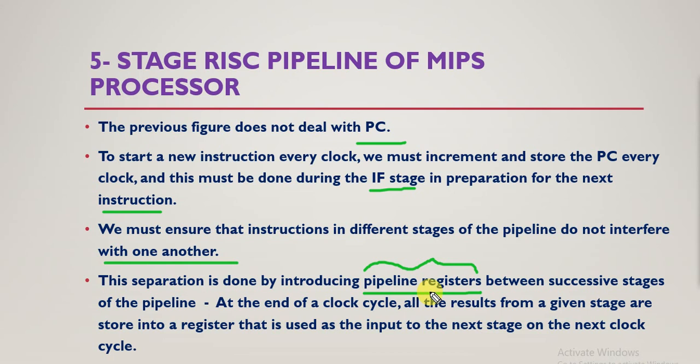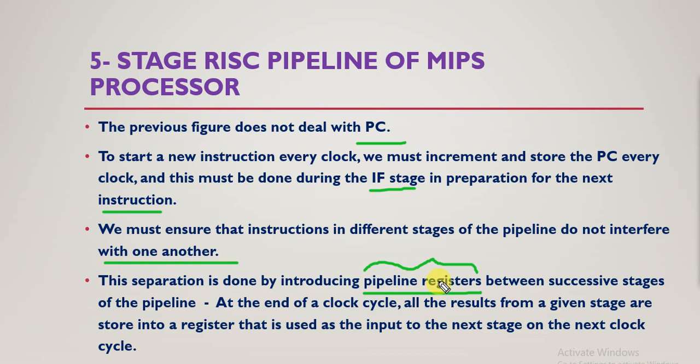Okay, so we are trying to increase the speed of the computer system by implementing pipelining, but for implementing pipelining we have to add some extra hardware and do something additional. So the cost will increase automatically, but still our aim is to increase the speed of the system. So we are introducing a pipeline register between all the stages.